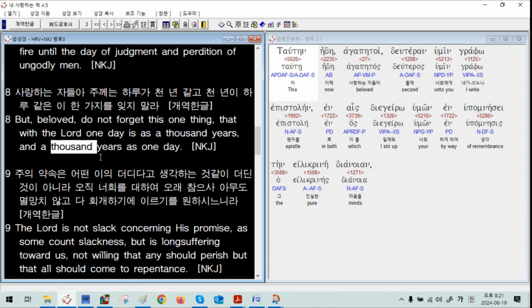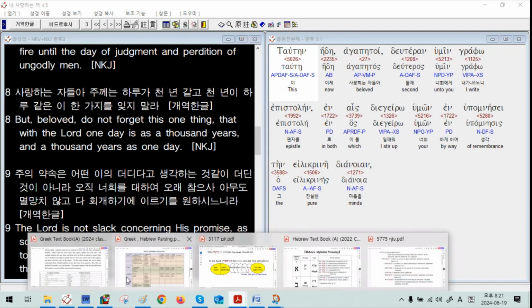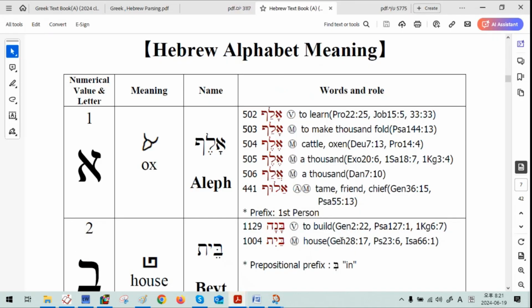We already learned a couple of times when we study 144,000, when we study about the New Jerusalem, right? 144 cubit, on those things. 1,000 is the Hebrew word is aleph. If you go to our Hebrew alphabet, meaning our Hebrew study, the first person, which is the myself, it's called the aleph.